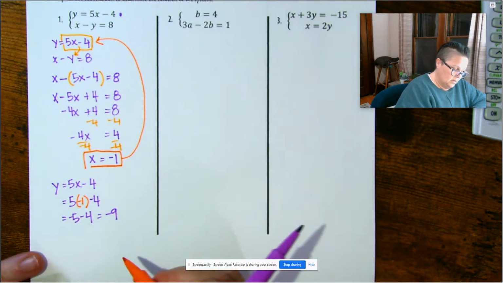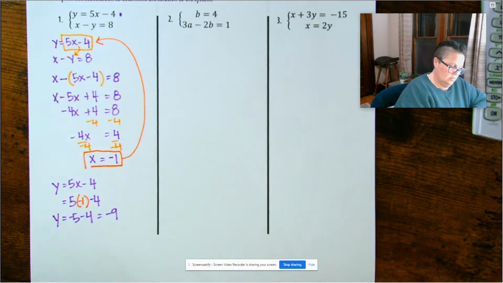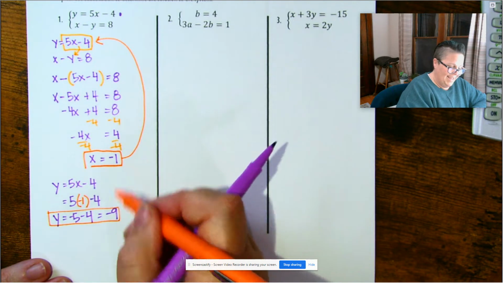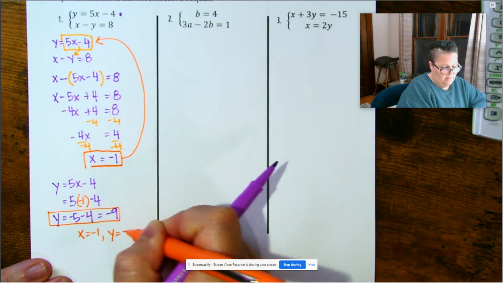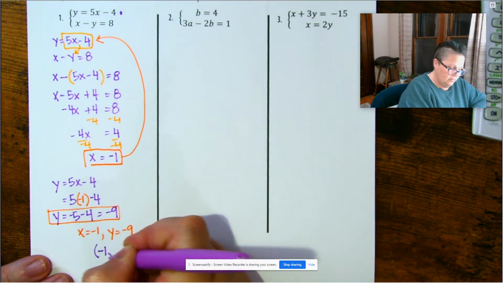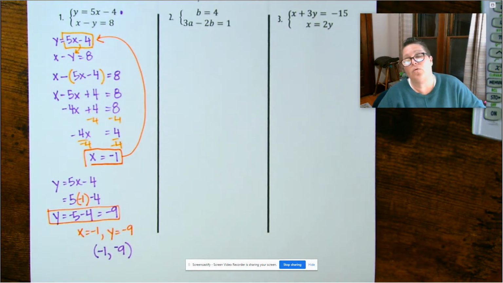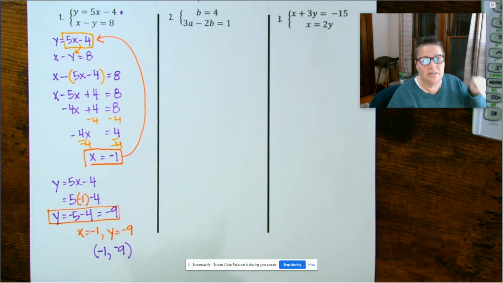So now I know that when my x is negative 1, my y value is negative 9. And this gives me the point, negative 1, negative 9. So without graphing these lines, I know that I should have a solution at negative 1, negative 9.